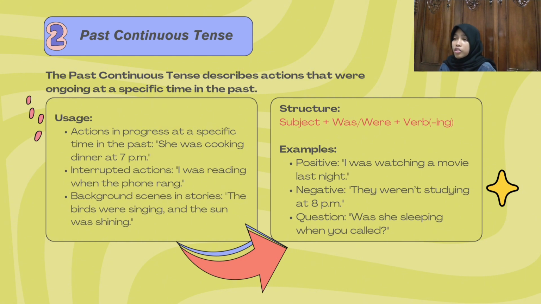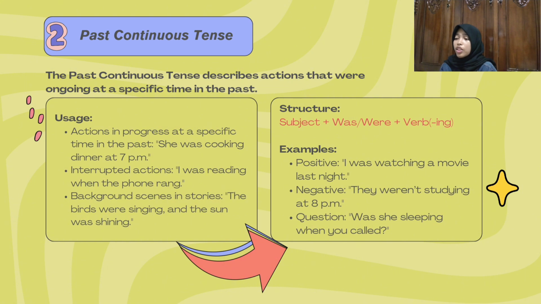Second material from continuous is past continuous tense. In this tense, we describe action that was ongoing at a specific time in the past. The usage is for action in progress at a specific time in the past.